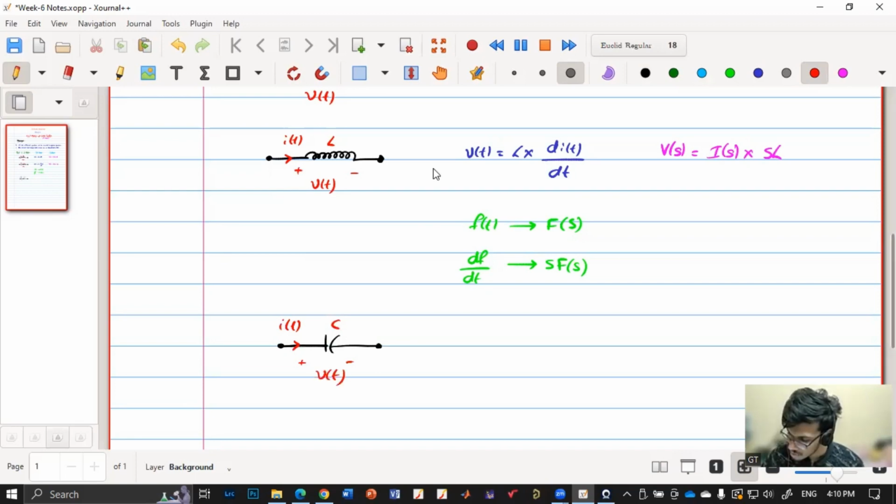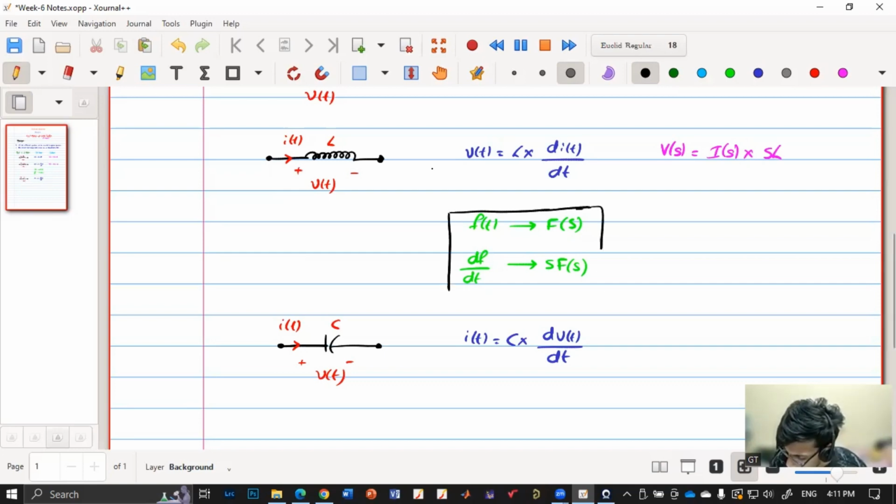So we know that in the time domain, we have i of t equals C dV by dt, right? If you apply the Laplace transform, it will be s into V of s, because we have seen from this formula that for di by dt, it will be s into I of s, and for dV by dt, it will be s into V of s.